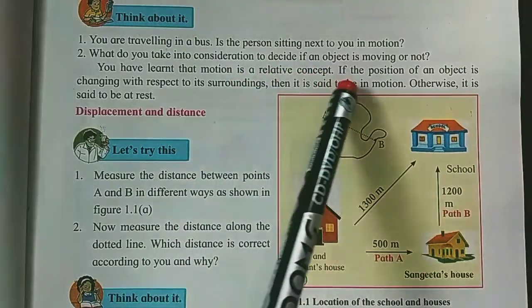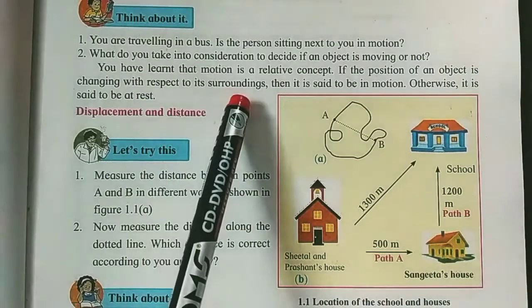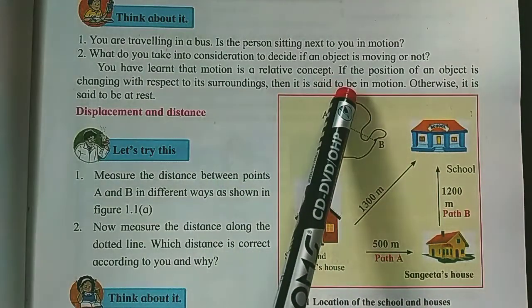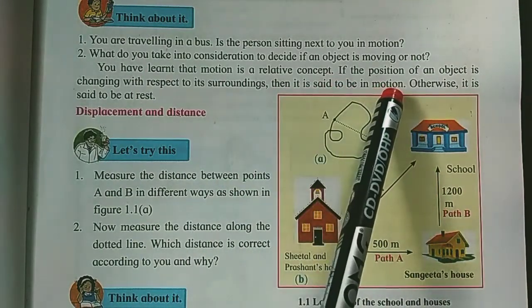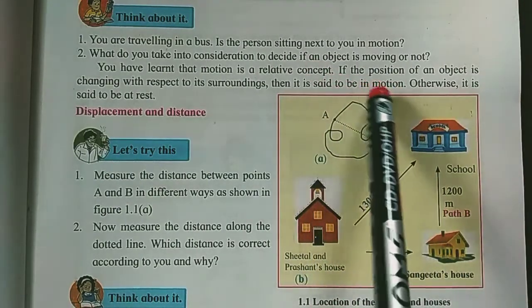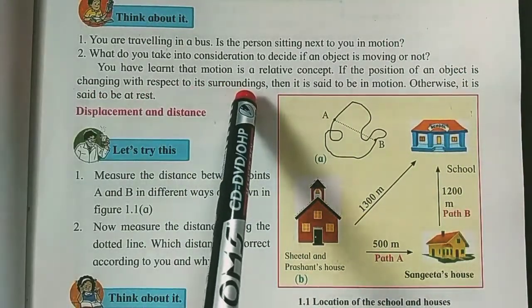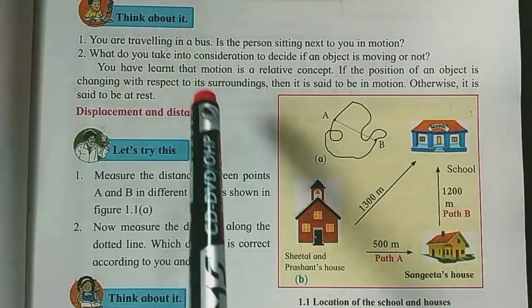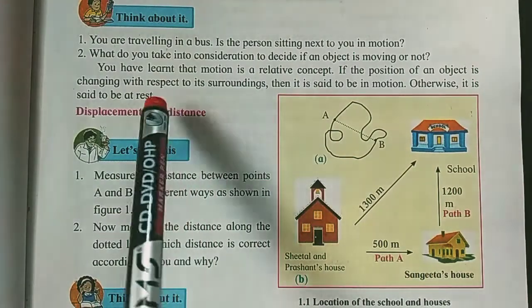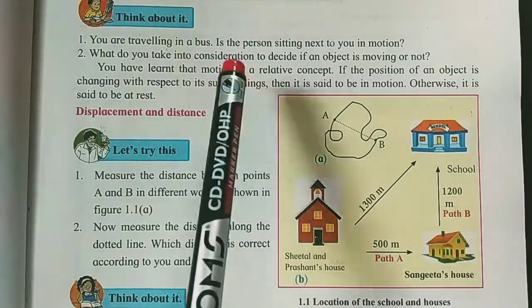So if the position of an object is changing with respect to its surroundings, then it is said to be in motion. So it is given as the definition of motion. If the position of an object is changing with respect to its surroundings, means if the object is moving, then it is considered with respect to the surroundings.